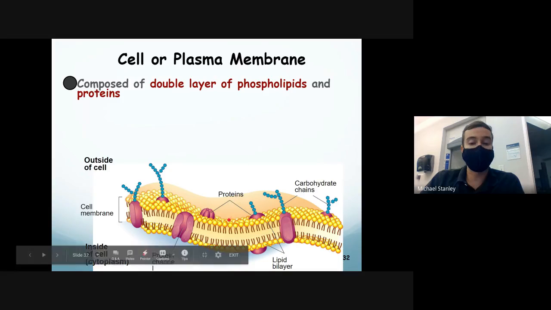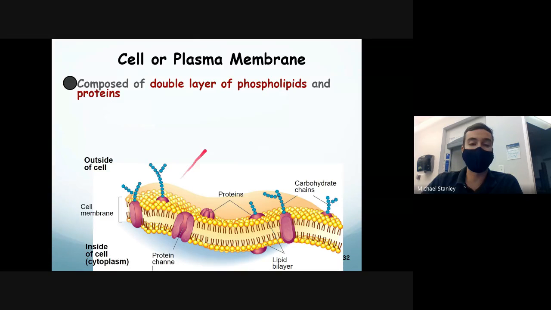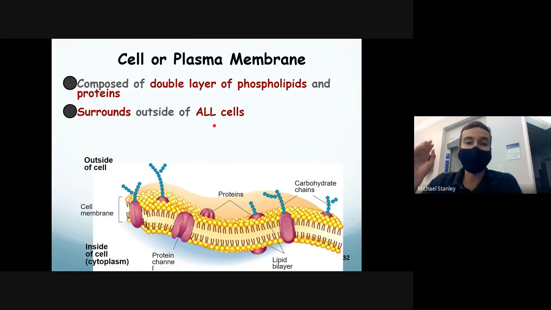And our cell membranes are covered in thousands of lipids. So each one of these little circles with the two little lines coming off of it is a single what's called phospholipid. So there are thousands and thousands of these guys that make this special layer around the cell. All cells on planet Earth have a cell membrane.